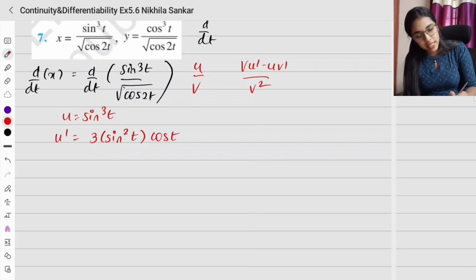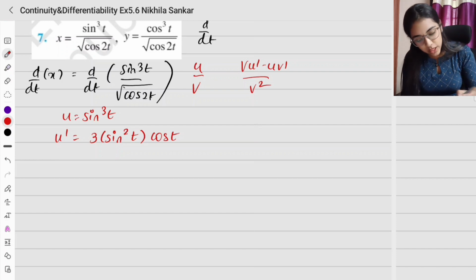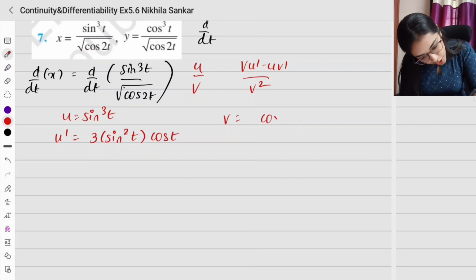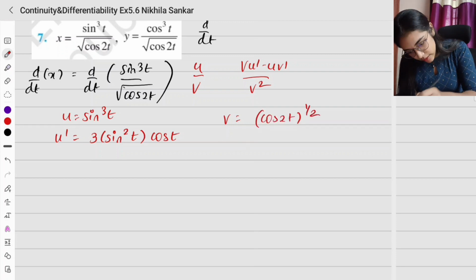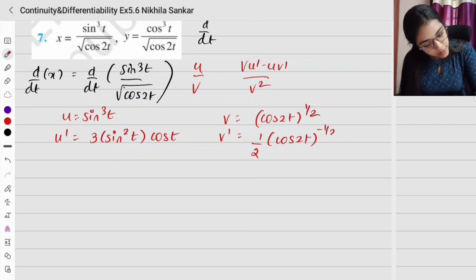Sin cube t is sin t the whole cube. 3 comes down, the power gets reduced by 1, so I'll have 3 sin square t, and then the derivative of sin t is cos t. So this is my u dash. V is going to be the square root of cos 2t, which is cos 2t to the power half. So v dash is half comes down times cos 2t to the power half minus 1, which is minus half.